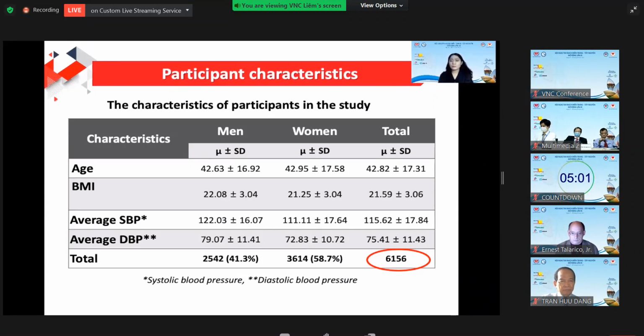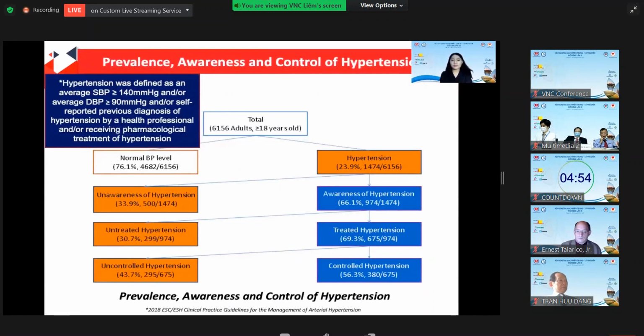Furthermore, the blood pressure level of men was significantly higher than that of women. This picture illustrates most of the main objectives of our study following imputation. Nearly 1,500 participants were found to have hypertension, accounting for approximately 24% of the total.